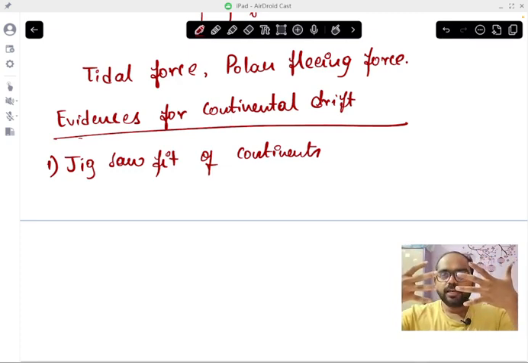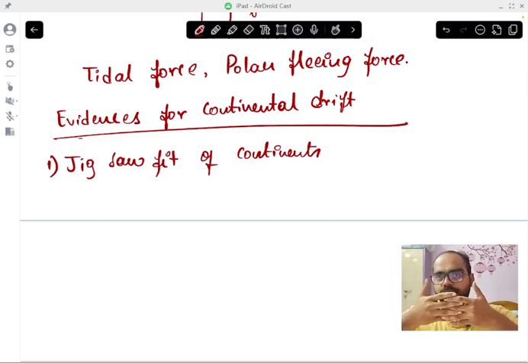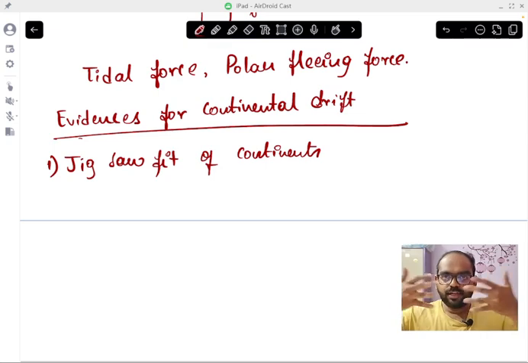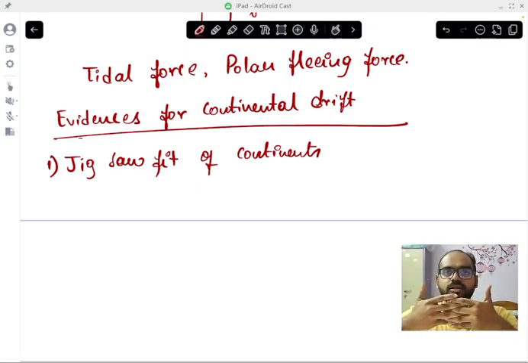Same configuration means if you join these two materials, they will fit each other in a precise manner. This is called jigsaw fit.